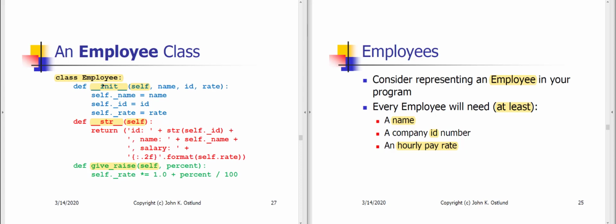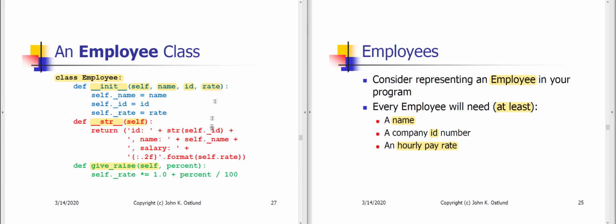Now, when we initialize an employee, we need to have variables that contain the knowledge about the current employee. The knowledge that we expect each employee to keep track of about itself is the name, the ID number, and the rate, and so these are passed in as arguments.